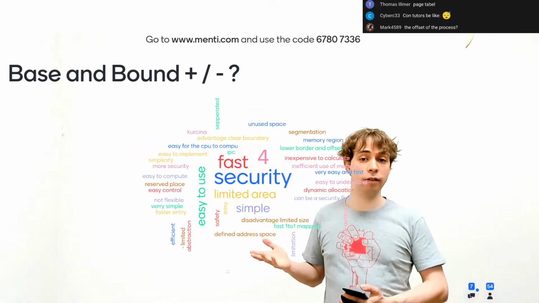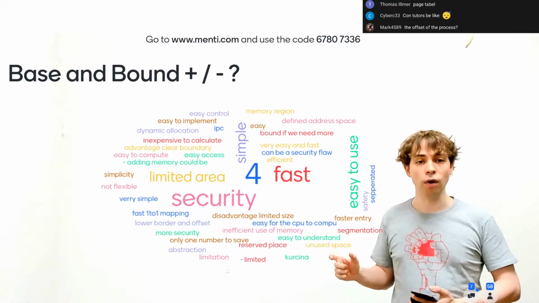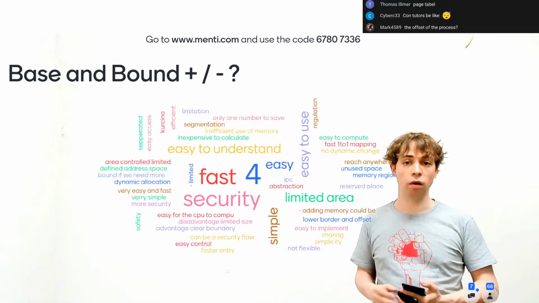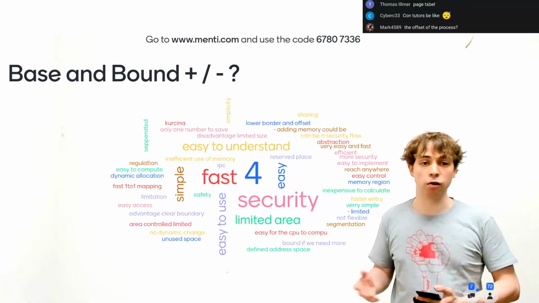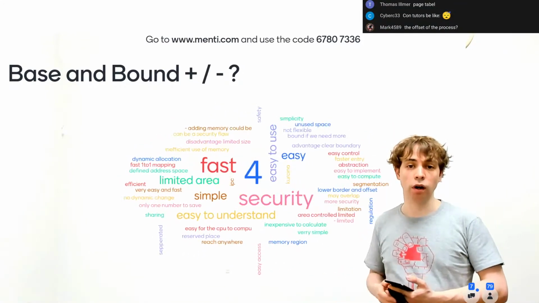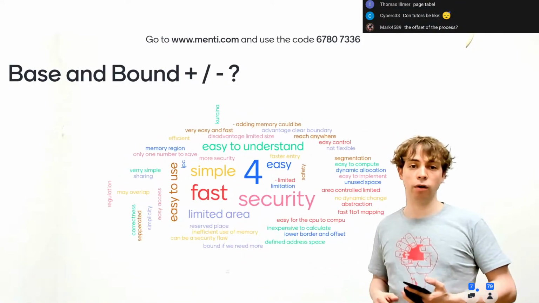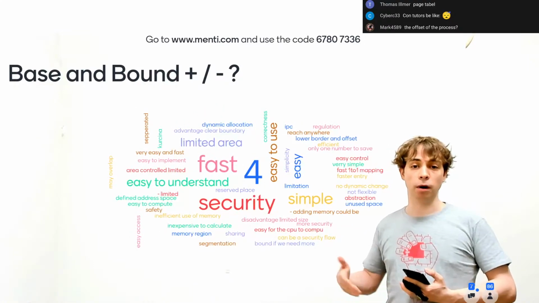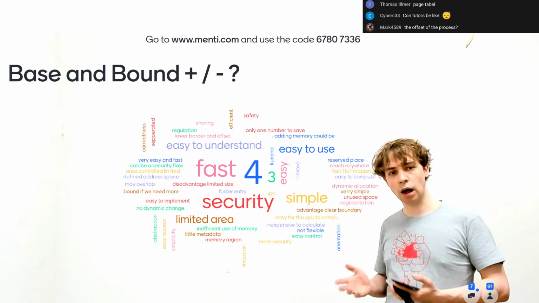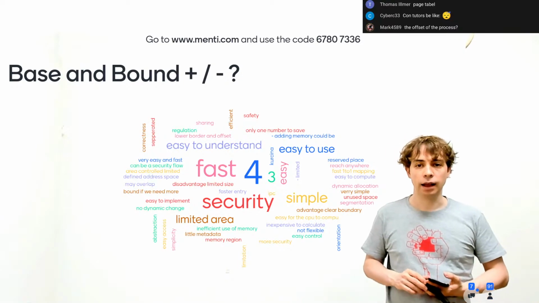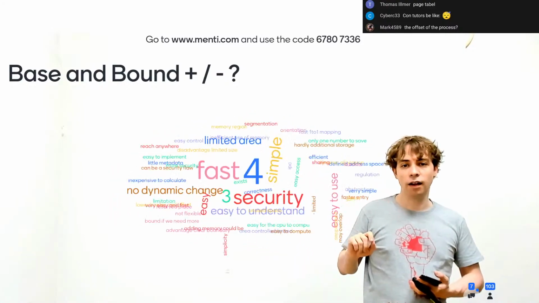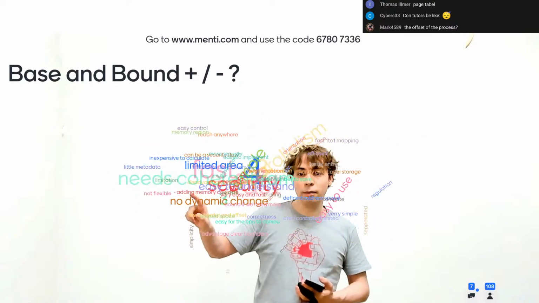Fast, yes, this is very fast because we just need to add two numbers. In many cases, we might be able to do this even with a simple XOR or an OR operator, not even a full adder. But we probably need a comparator to check whether it's out of bounds. It's very fast and very easy to understand. Disadvantages: no dynamic change.